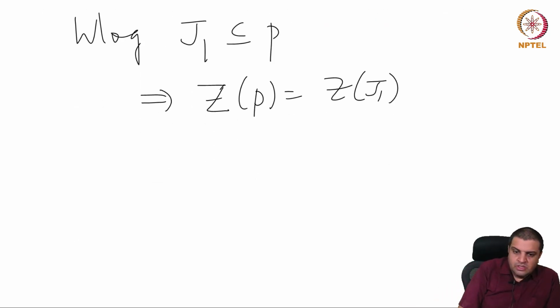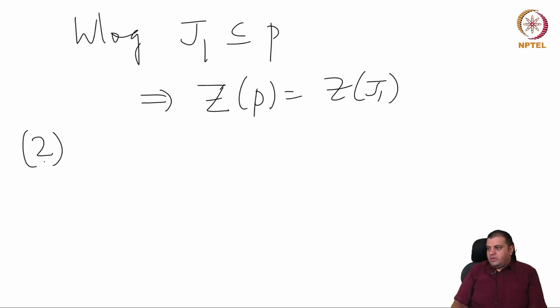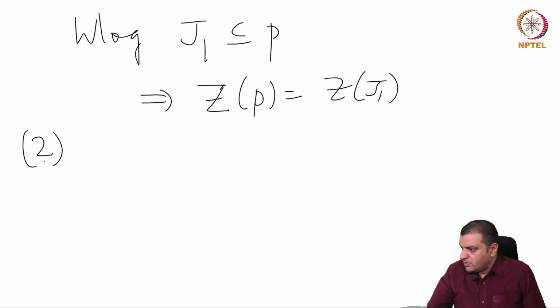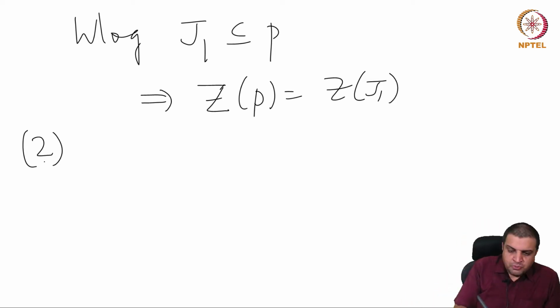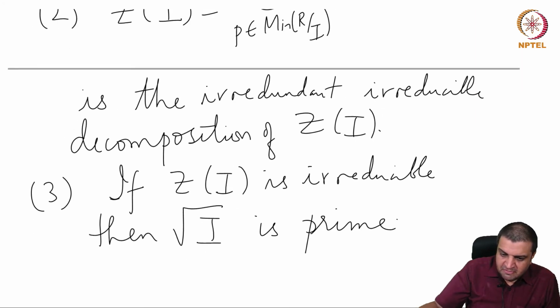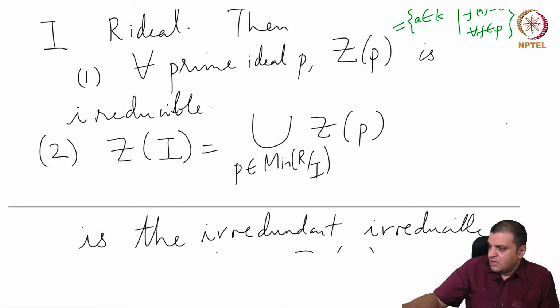So Z of P is irreducible, and the final statement is a sort of converse to that, but let's prove 2 before that. We need to prove that 2 sets are equal. Z of I is the union of these things.